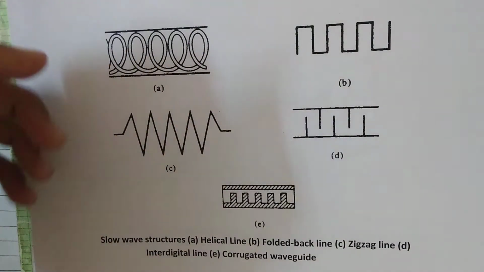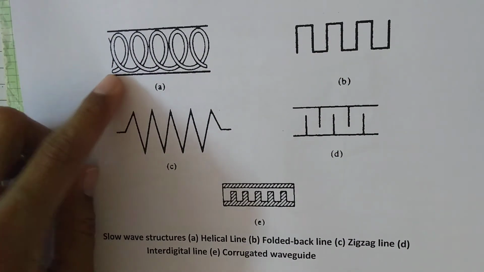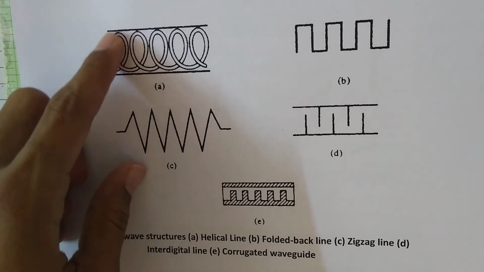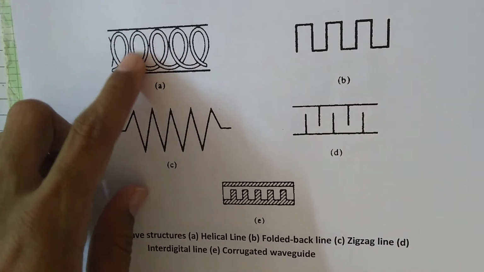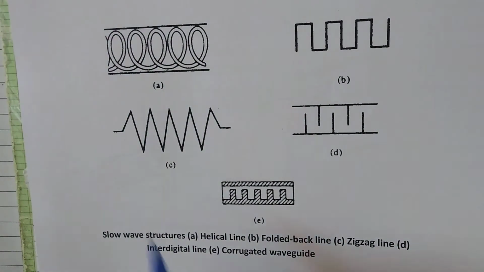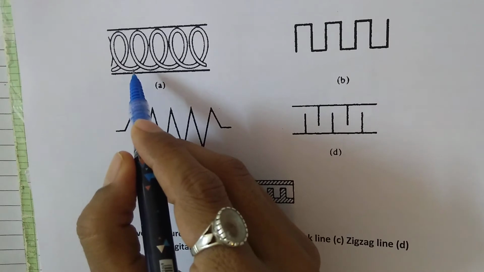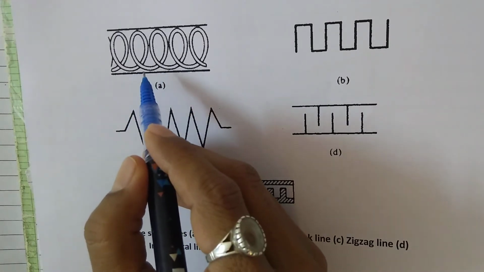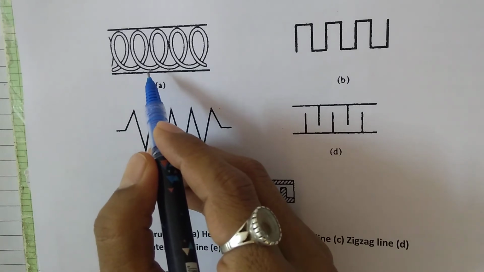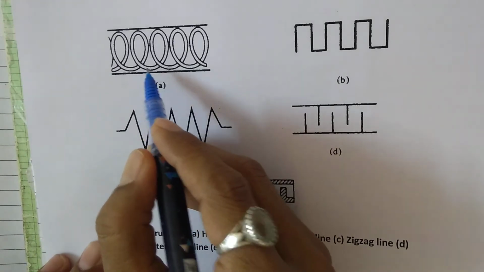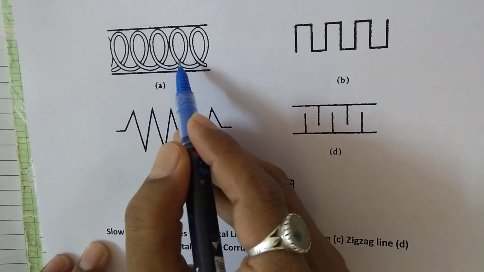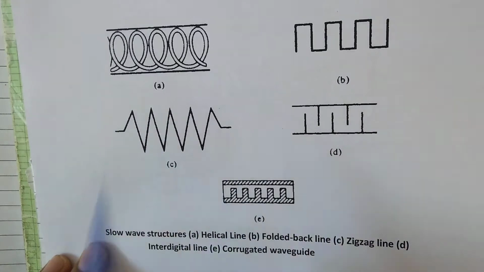So the axial electric field generated by the movement of the RF signal through the helical structure interacts with the electron beam traveling down the tube for a longer time. This results in higher bunching of electrons, and the electrons transfer their kinetic energy to the electromagnetic field traveling down the tube. That is the purpose for which we use slow wave structures.